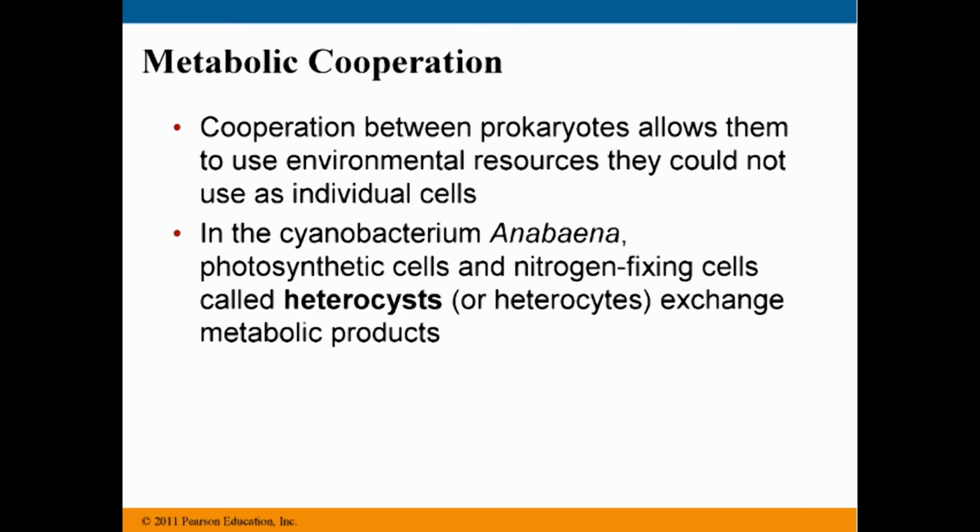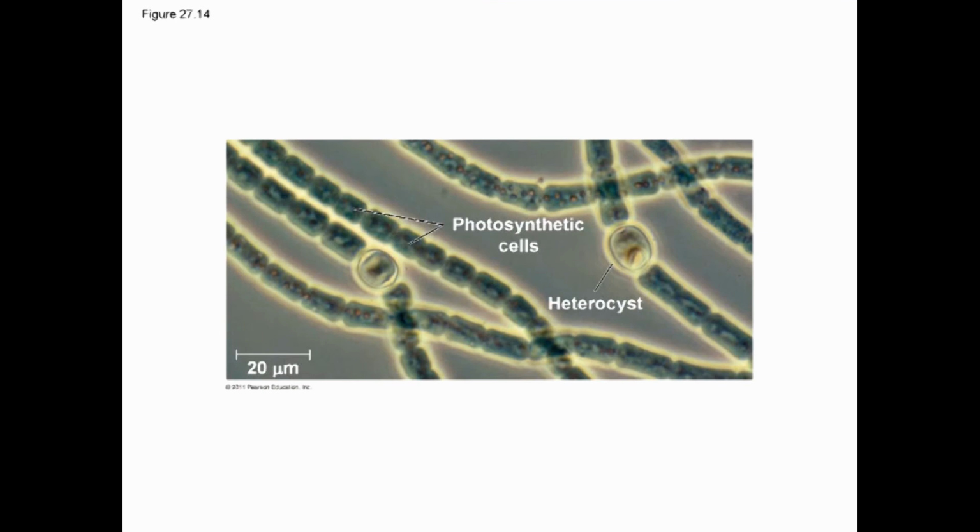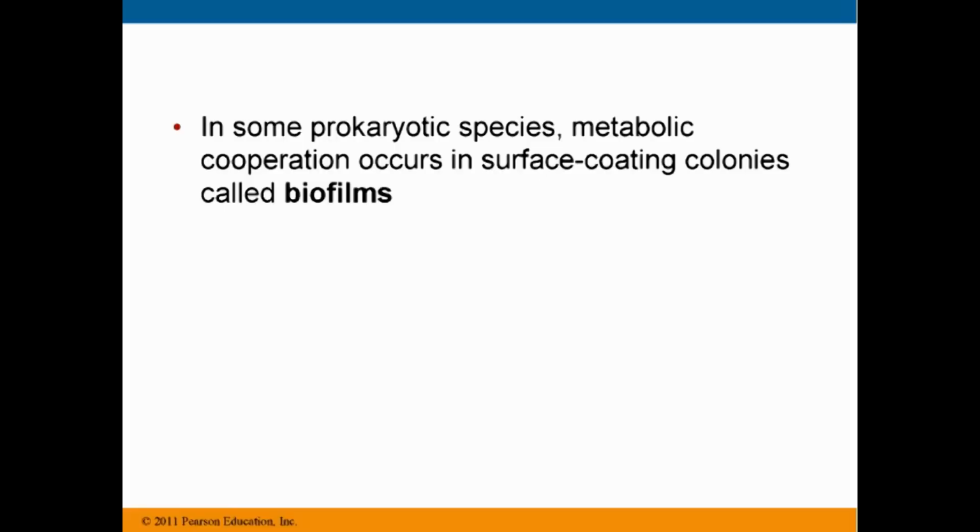It can fix the nitrogen and then pass it out to the vegetative cells, and the vegetative cells will then take care of food that the heterocysts will need to exist. Here are our vegetative cells, which are photosynthetic, and here's the example of our heterocyst that's undergoing the nitrogen fixation.